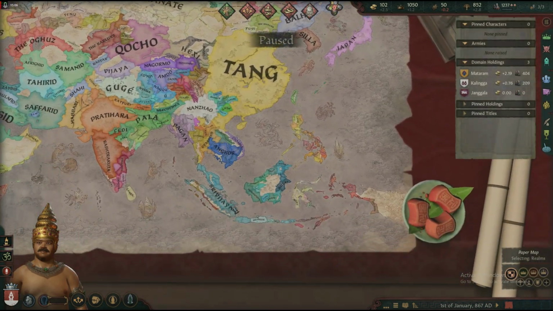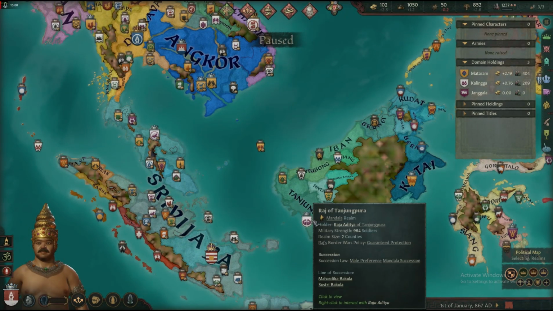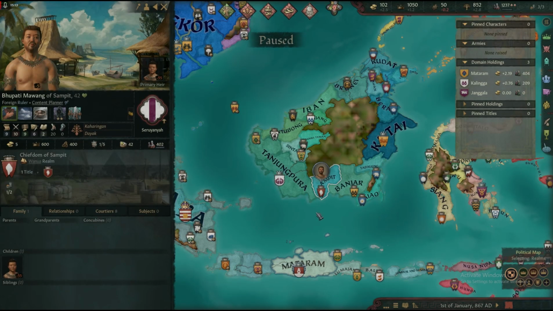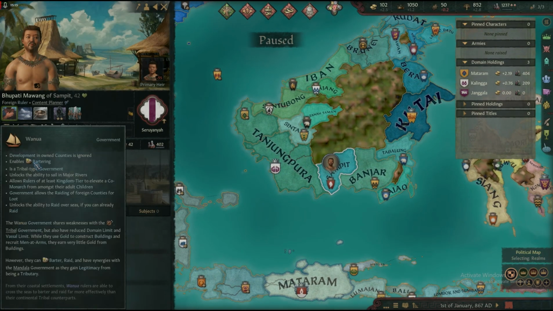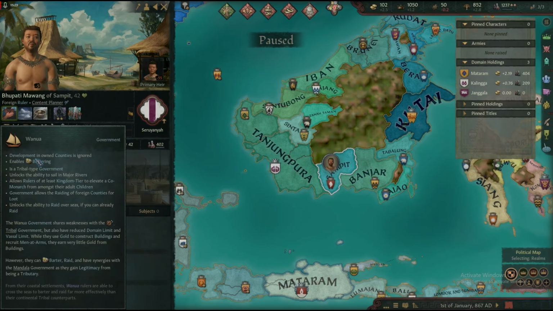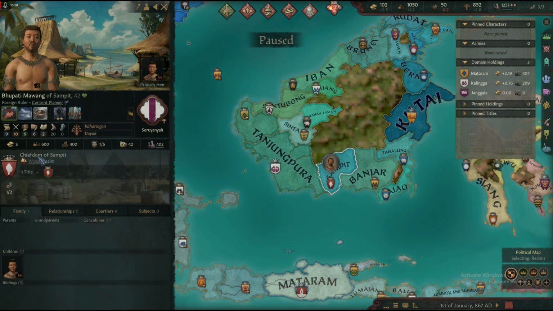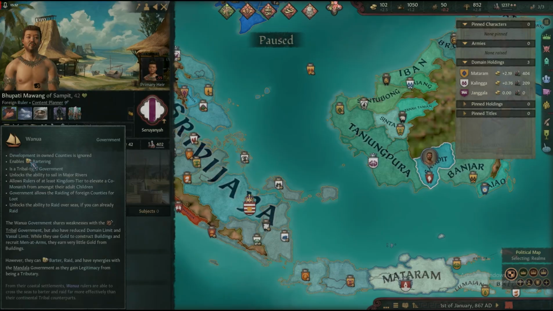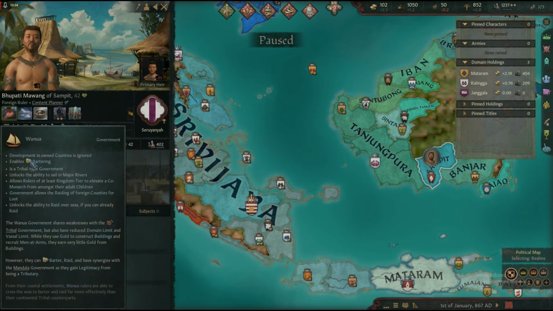And there's something else that I didn't know existed until recently, but there is, let me see if I can find it, right here, Wanua Government. It's a tribal government, only existing here, and they have the barters. I can't actually do it because the barter thing pops up. All their development is ignored.